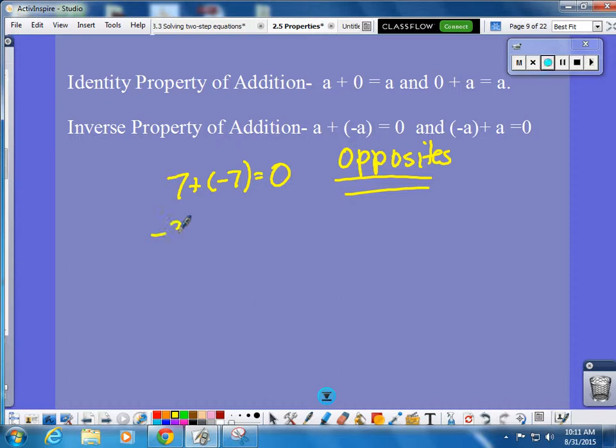If I have a number and I add it to its opposite, I always get 0. So opposites are the key word for the inverse property of addition. So reciprocal is for the multiplication inverse property, and opposites are for the addition inverse property. Alright, questions?